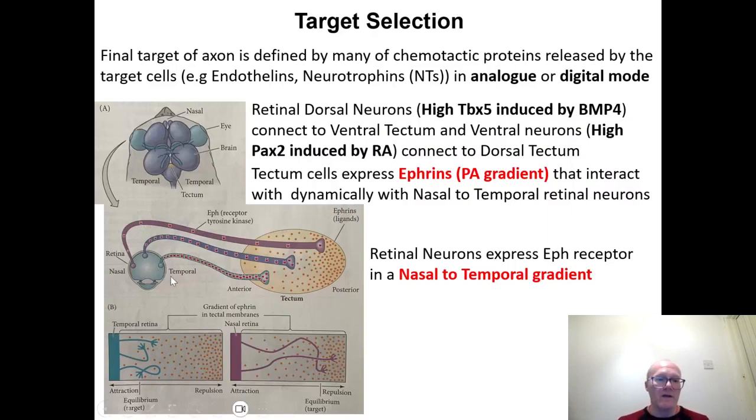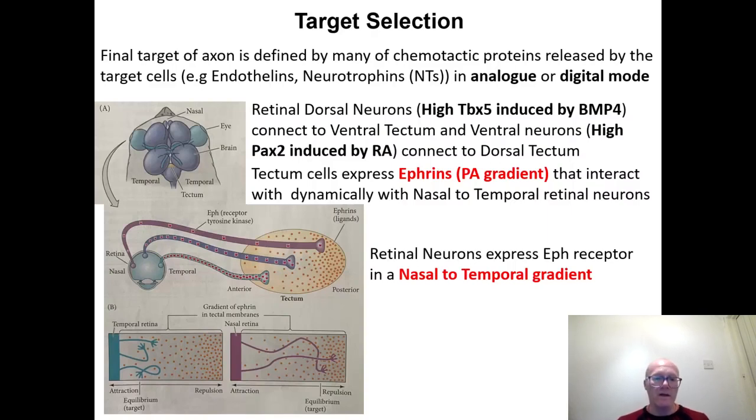On the other hand, neurons from the temporal side of the retina express a very high level of ephrin receptor, and therefore those axons cannot go very deep inside the tectum because they are very sensitive to even low levels of ephrins.